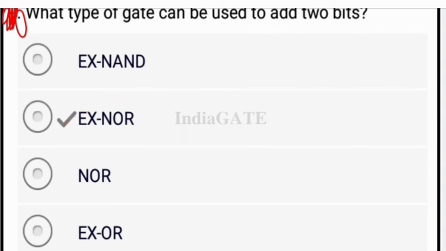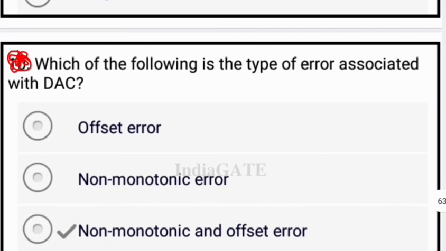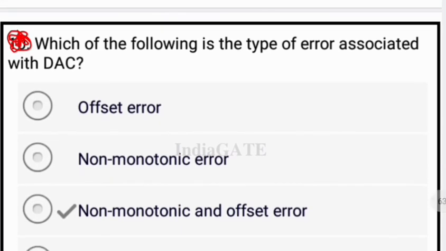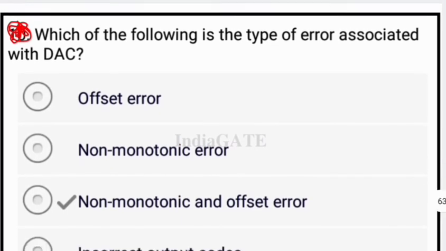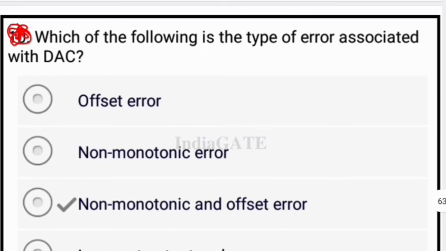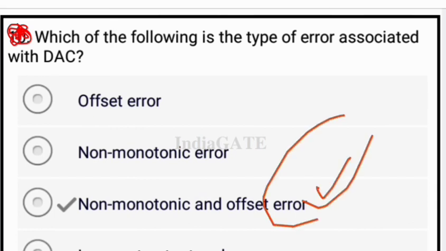Here next question is defined as: which of the following is the type of error associated with DAC. Okay, so the answer of this question is option C, that is non-monotonic and offset error. So the third option is your correct answer. Means non-monotonic and offset error is the type of error which is associated with DAC.